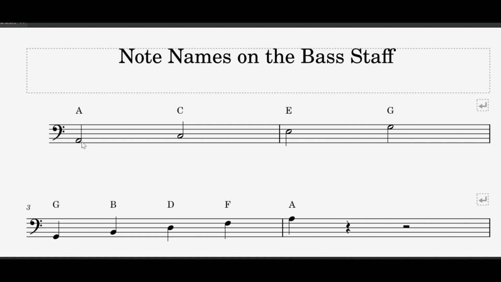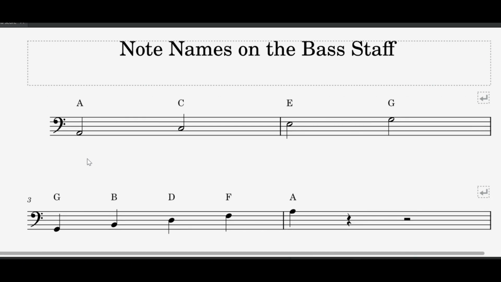And these are labeled differently. A for the first space, C, E, G. A very popular acronym is all cows eat grass, A, C, E, G. With continued practice, this would be necessary. So the spaces in the bass are A, C, E, G.